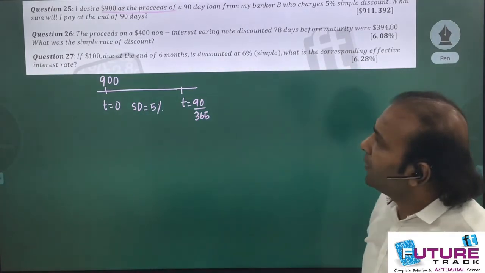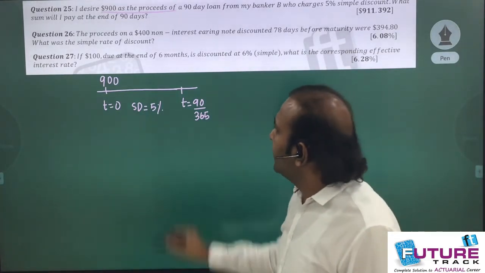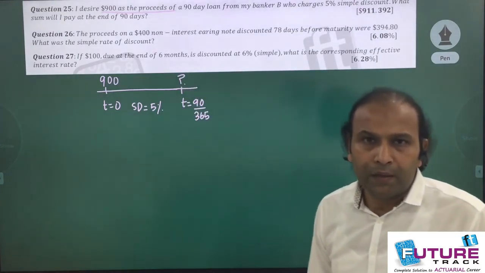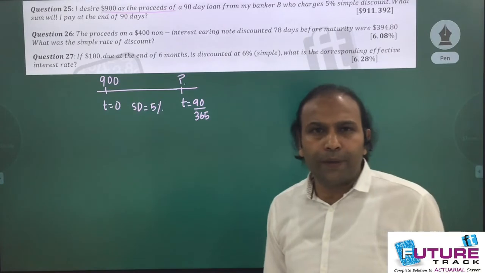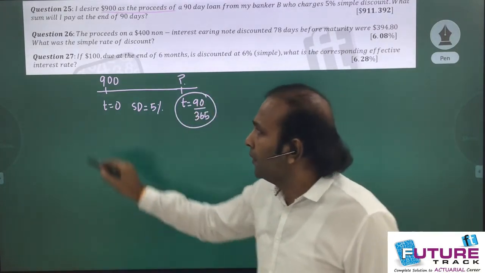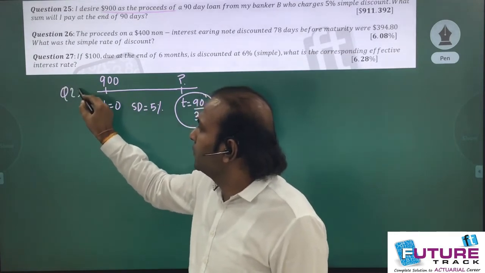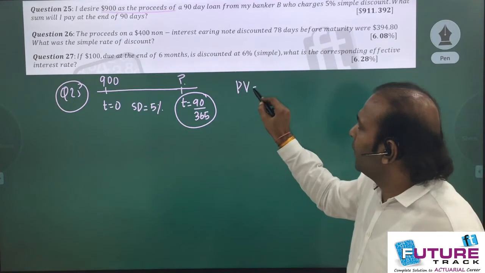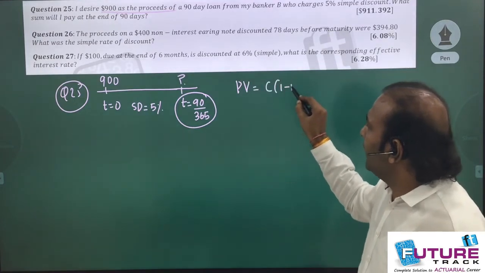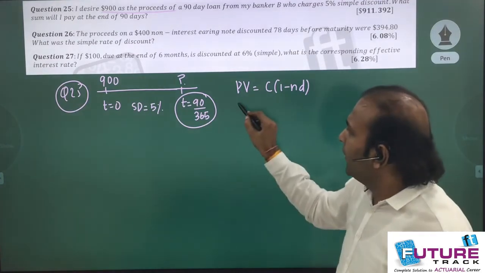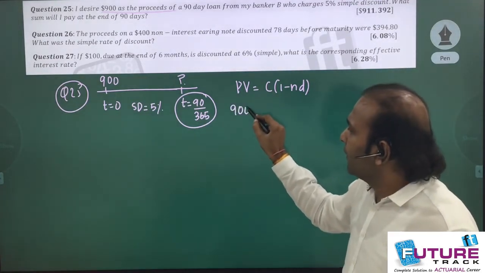Now, what sum will I pay at the end of 90 days? After 90 days, how much will I pay, I have to find that. That means the future value of money I have to pay, after 90 days. So class, present value is equivalent to C(1 minus nd). In this particular question we have already been given the present value, 900.